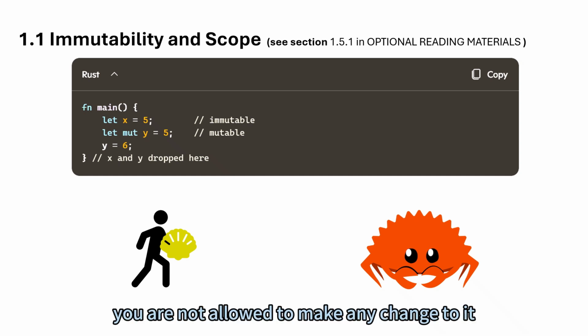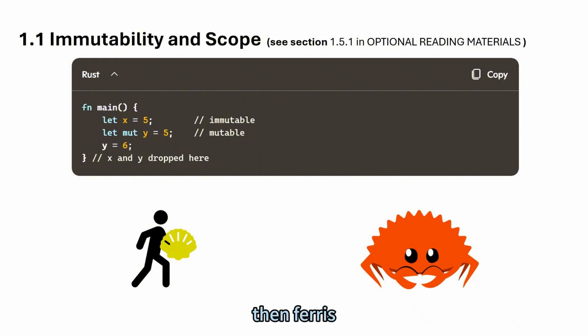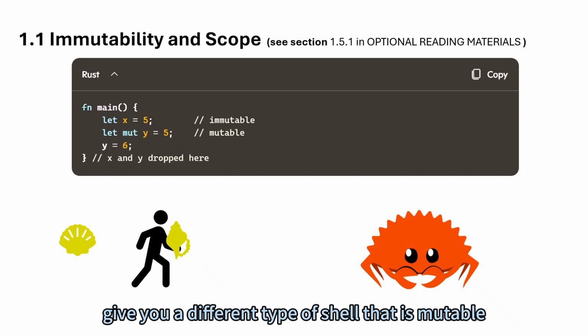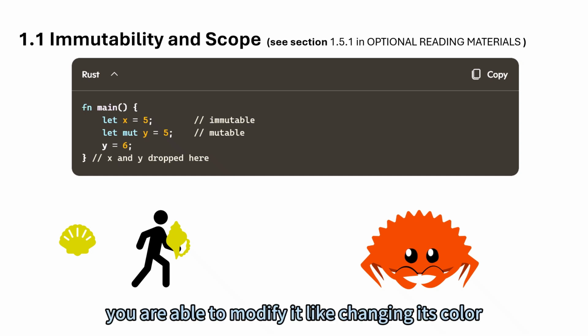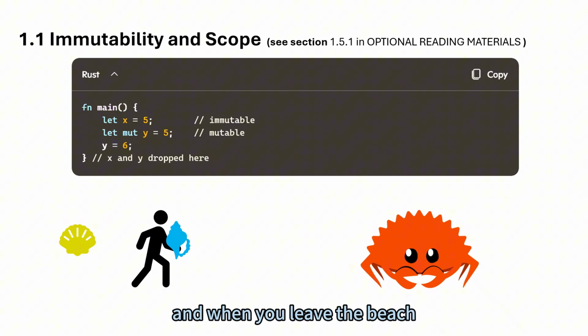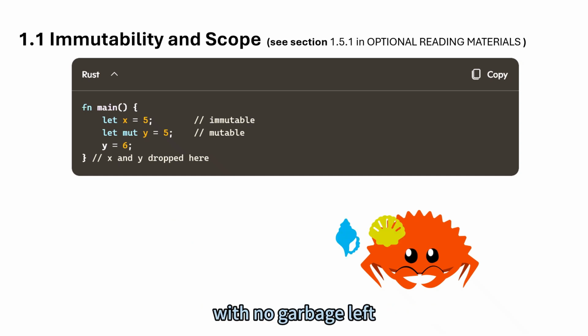You are not allowed to make any change to it. You are not happy and want to get a mutable one. Then Ferris gives you a different type of shell that is mutable, say this conch shell for example. You are able to modify it, like changing its color. And when you leave the beach, i.e., you left the scope, all your left shells are taken back by Ferris with no garbage left.